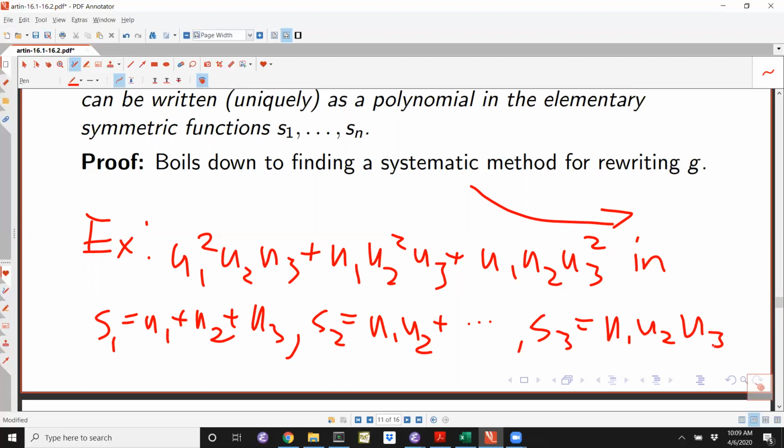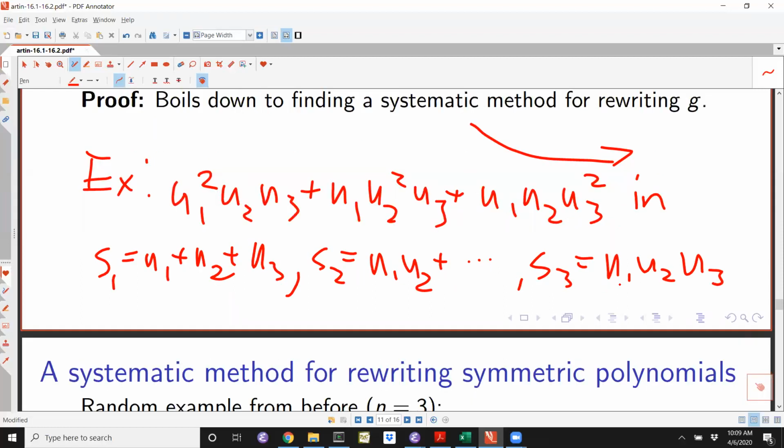You might actually be able to see this, but we might have to do a different example. Okay, maybe we'll just do this.